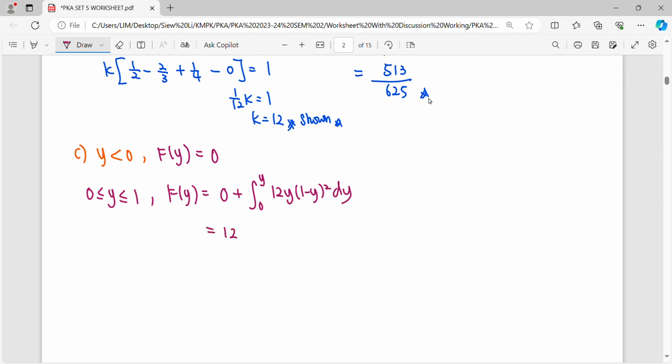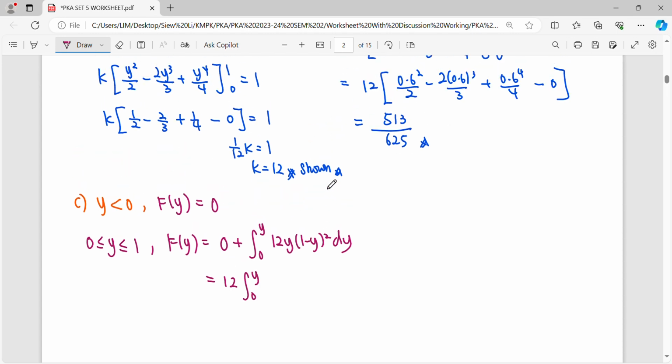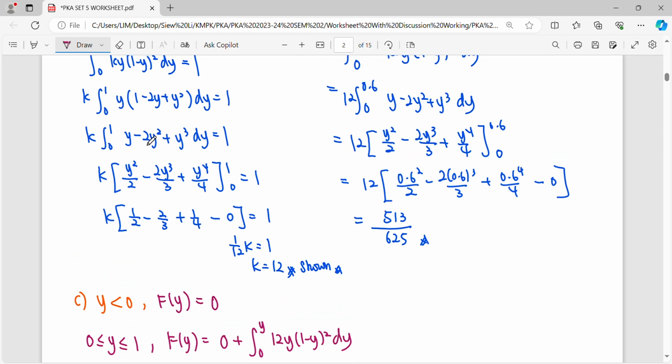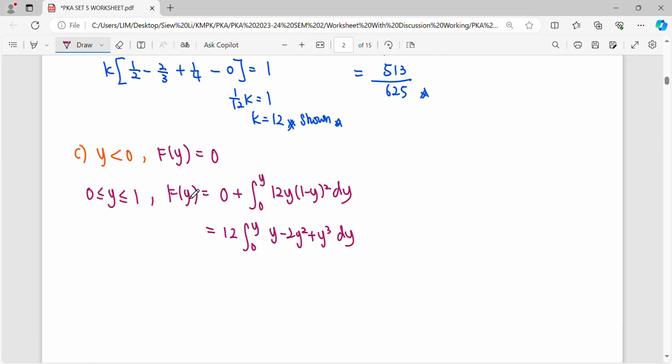Similarly, the constant 12 we factorize out, then we expand this, it will become y minus 2y squared plus y cubed, as we already expanded in the first stage, so we can just use it.